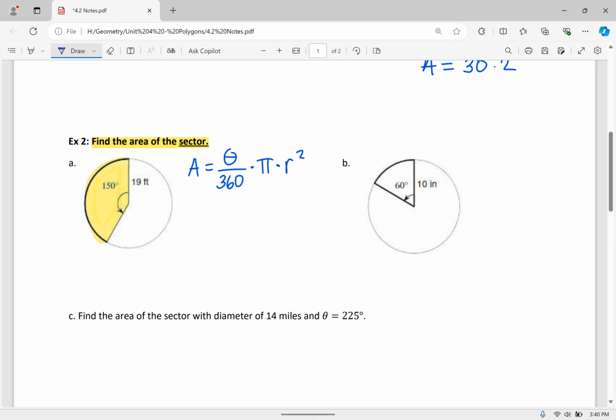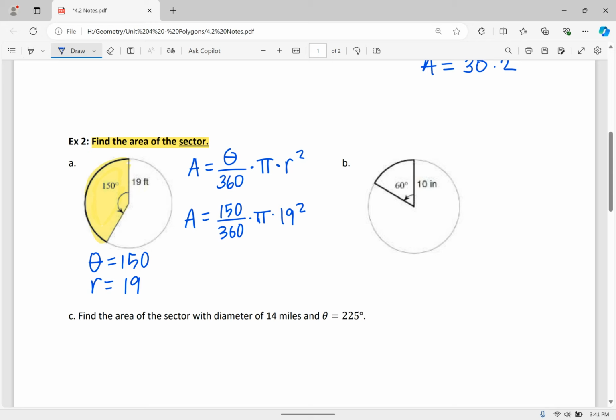In this scenario, they're giving me the angle is 150, and they're also telling me the radius is 19. I'm going to fill that in, at least for the first few that I'm doing, to make sure that you understand how to write it all out. So I'm plugging in the angle, and then I'll put the radius in here too. So I know the radius is 19.